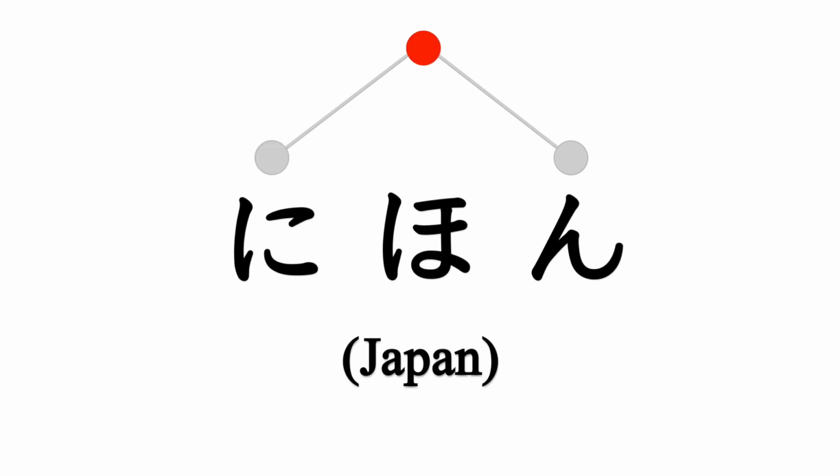Ni, ho, ... If you say the word with a high, high, low pattern, which doesn't exist in the standard Japanese, it sounds like ni, ho, and it may also sound unfamiliar to Japanese people.